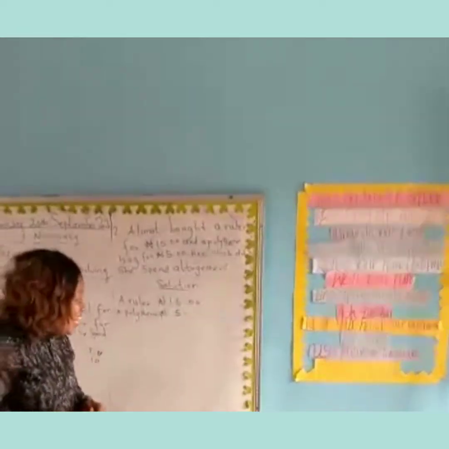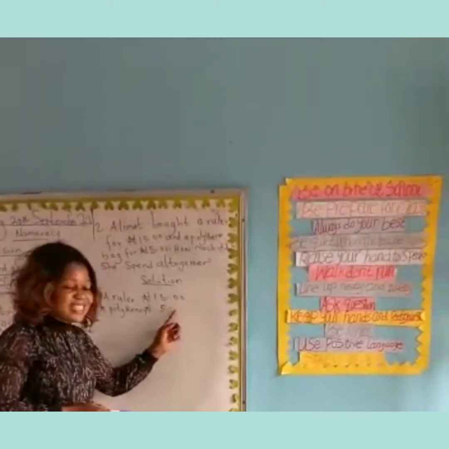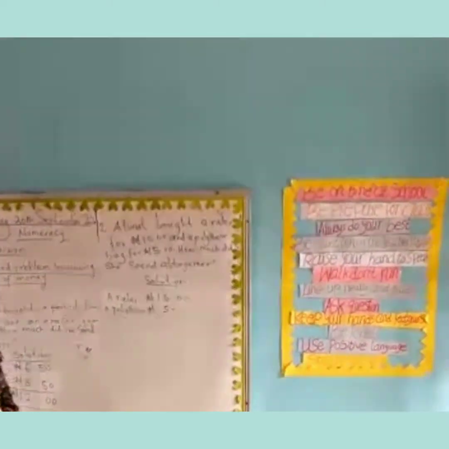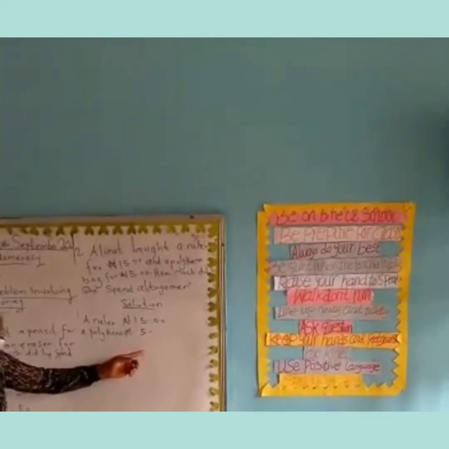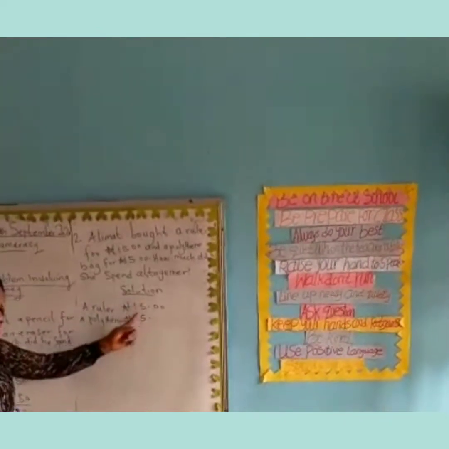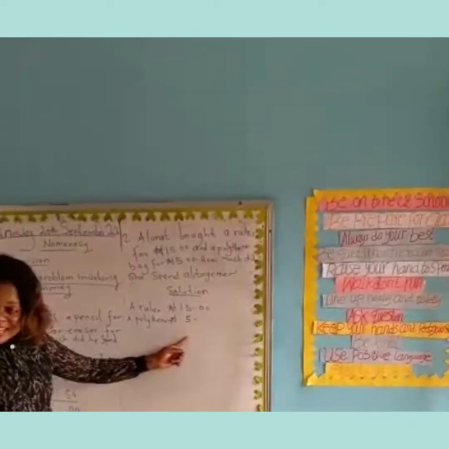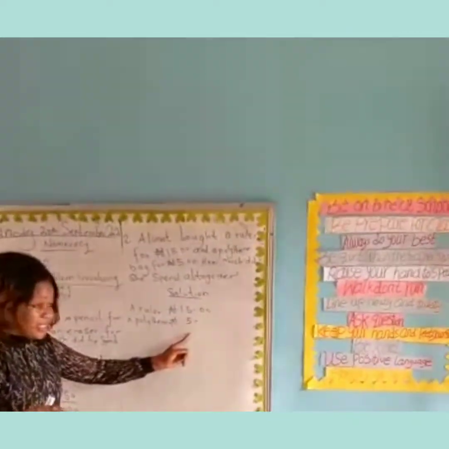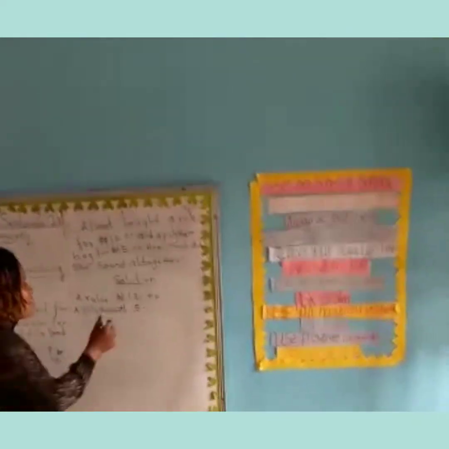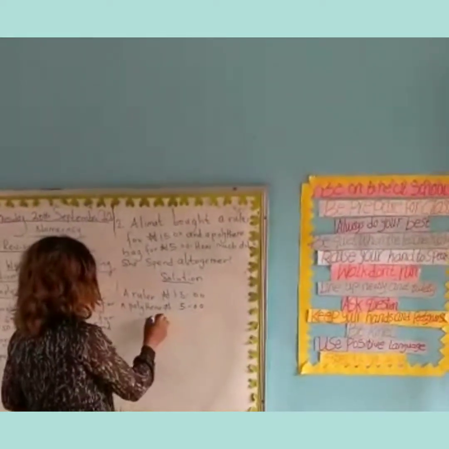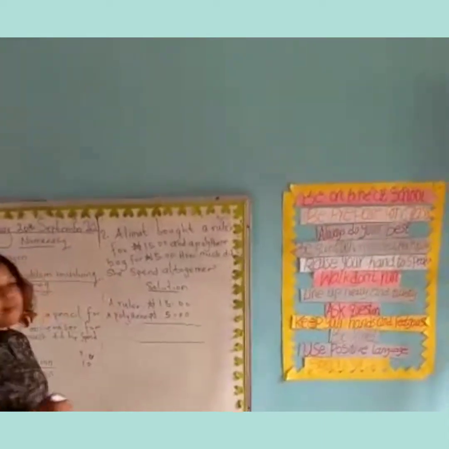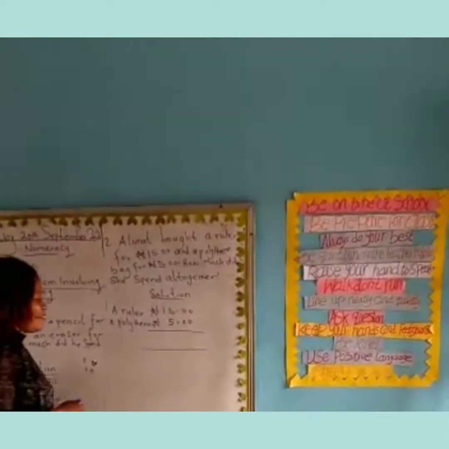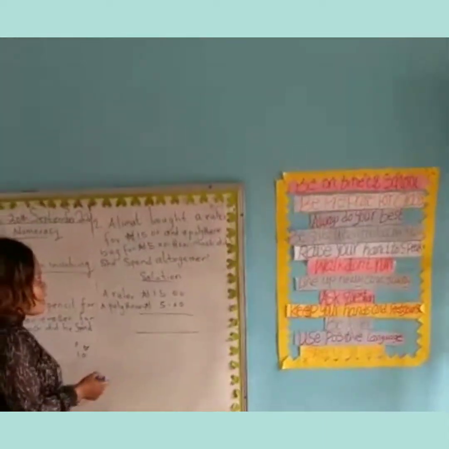Anything after this point is kobo. But here we are still dealing with naira, and it's just 1 digit, and it's a unit, so you place it on the unit. Is that clear? 1 digit, place it on the unit. Now we're going to find the total money that Alimat spent. So, count together.